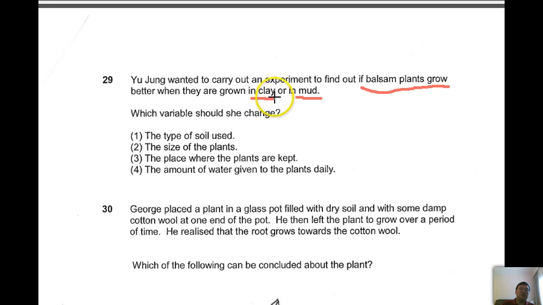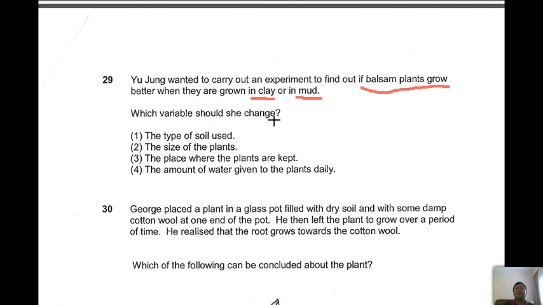Both are wet. They're not soil actually, but mud is more of soil with a lot of water. Clay is more of stone, more like molten stone, just like plasticine, with a lot of water content inside.